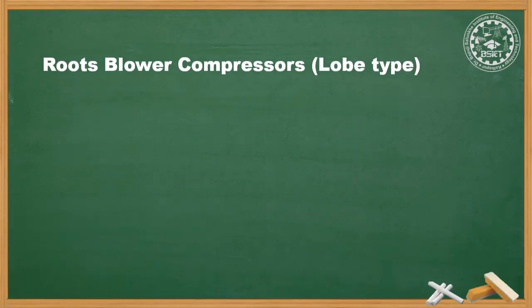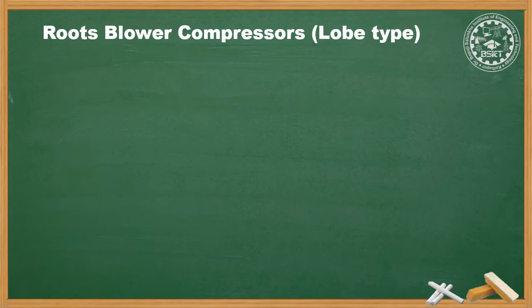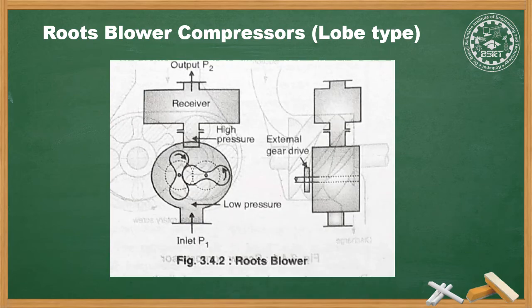The next type is root blower compressor or lobe type compressor. It consists of two rotors driven externally. One of the rotors is connected to drive, and the second one is gear driven from the first, as shown in figure below.